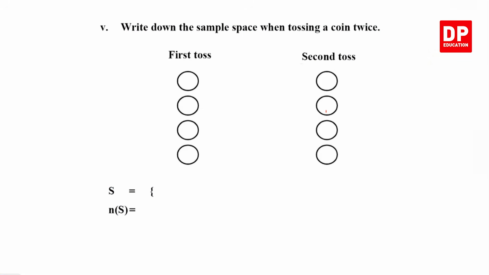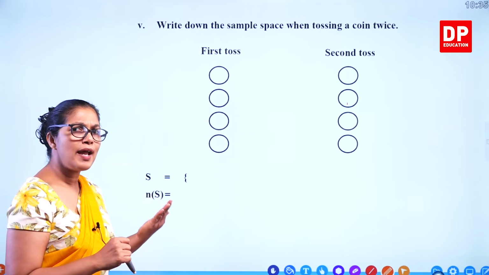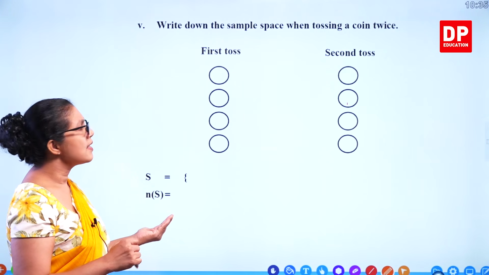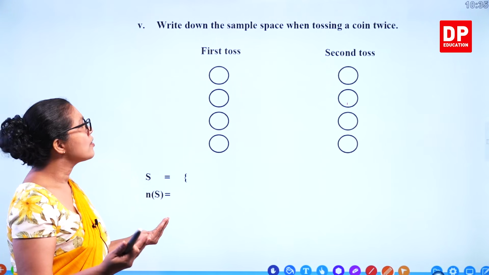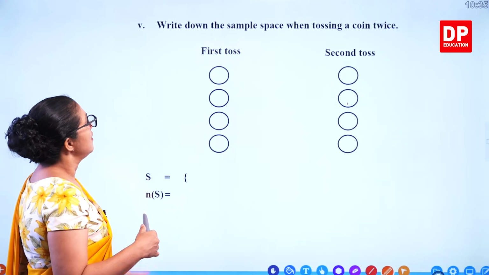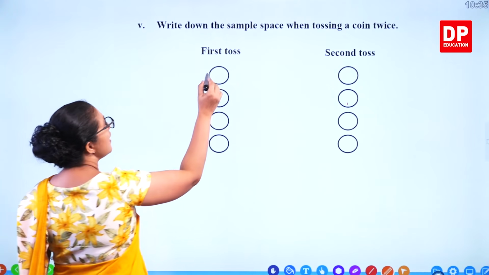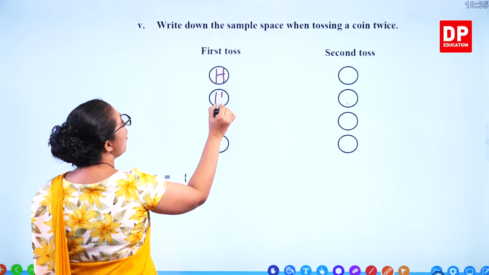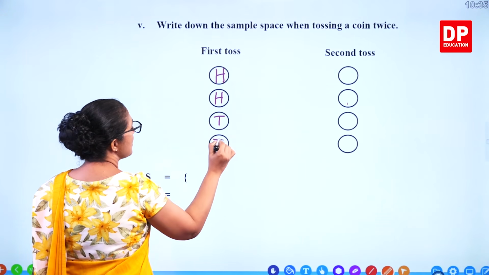Write down the sample space when tossing a coin twice. So you can get an outcome for the first toss and an outcome for the second toss. If we take the first toss, you can get head or tail. These are the possibilities.